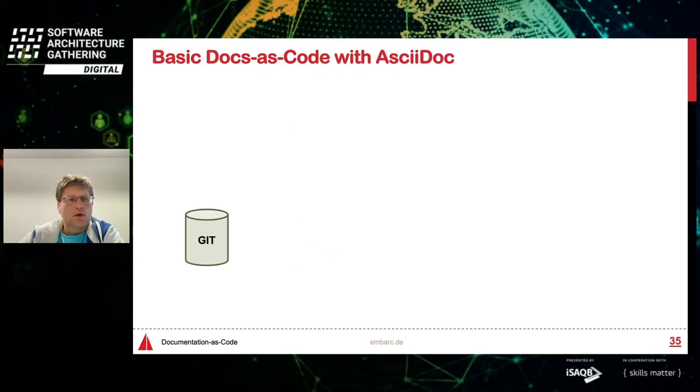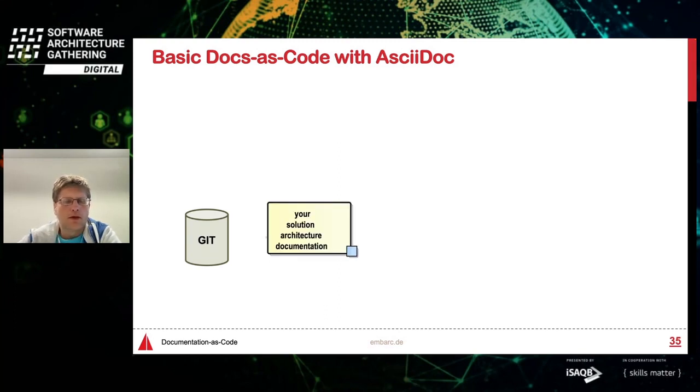So what does a basic documentation as code process with AsciiDoc look like? That would also fit for Markdown actually. But let's stay with AsciiDoc. There's our Git repository. In the Git repository, beside our source code, we would also put our documentation in form of AsciiDoc files, maybe images in binary formats like PNG or JPEG, but maybe also PlantUML.